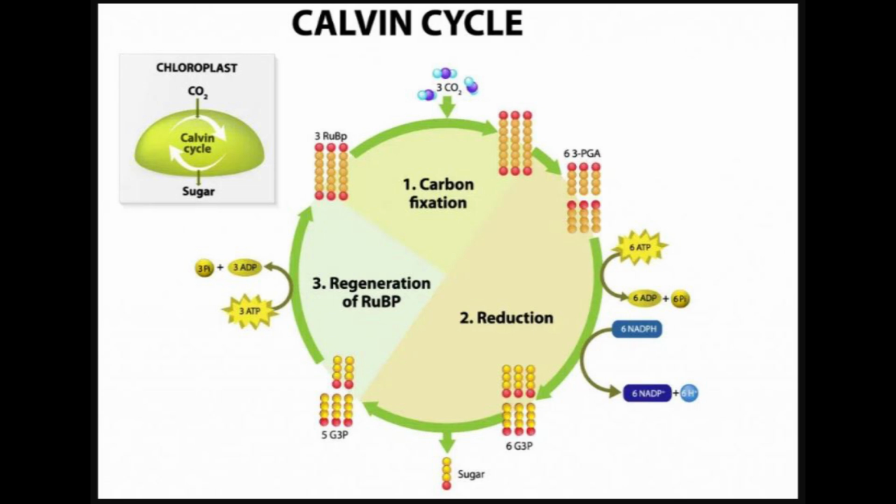This process is called the Calvin cycle, named after the American biochemist Melvin Calvin, who received the Nobel Prize in 1961 for this discovery. As a result, carbon accumulates in the form of primary organic matter.